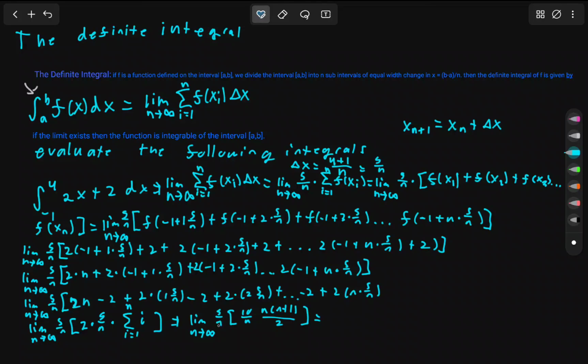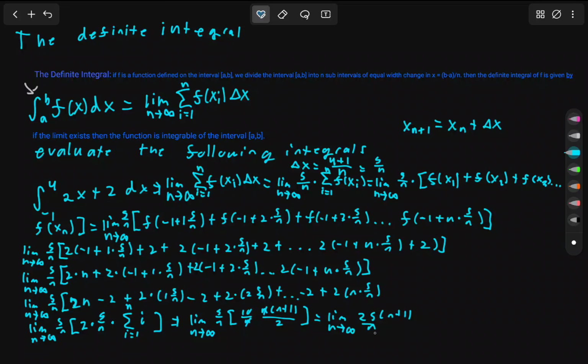Well, we can now distribute this 5 over n, and we get the limit as n approaches infinity of 25. This n and this n will cancel, so we are left with 25 divided by n times n plus 1.